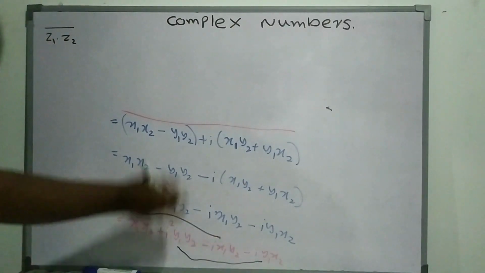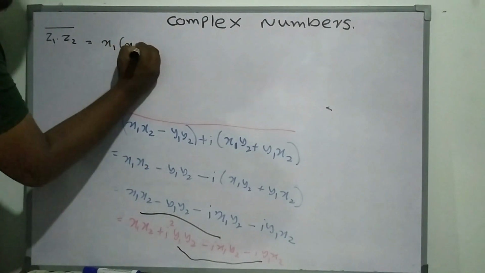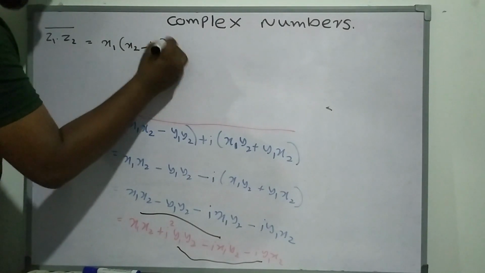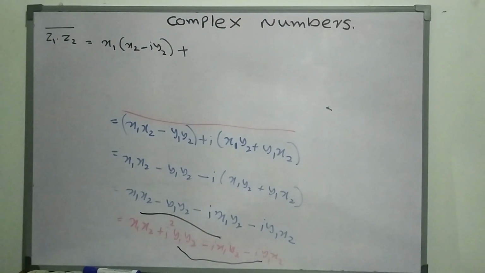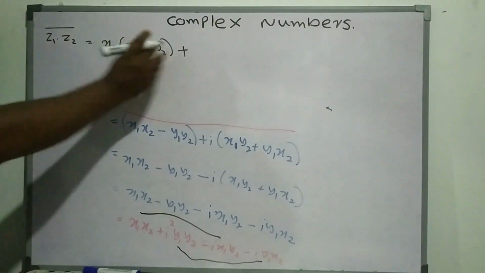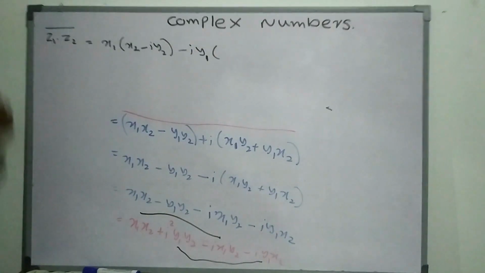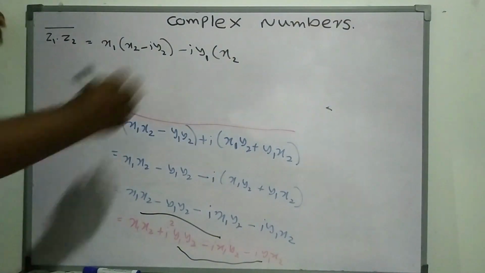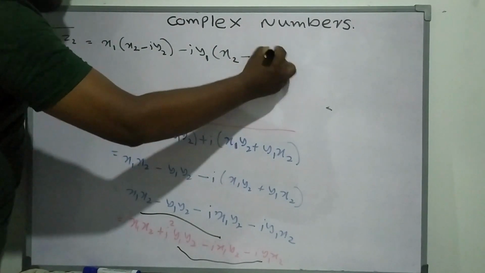So x1 (x2 minus iy2), and also from these two we can take minus iy1 out, then it will be (x2 minus iy2).